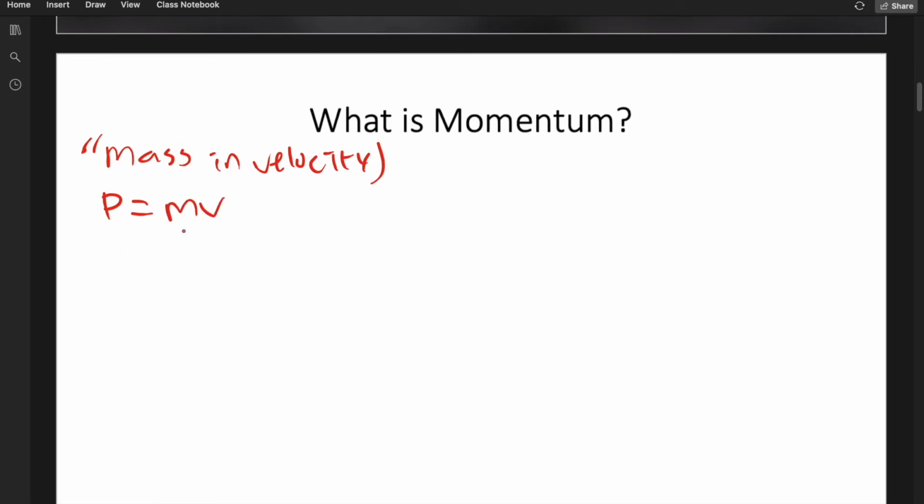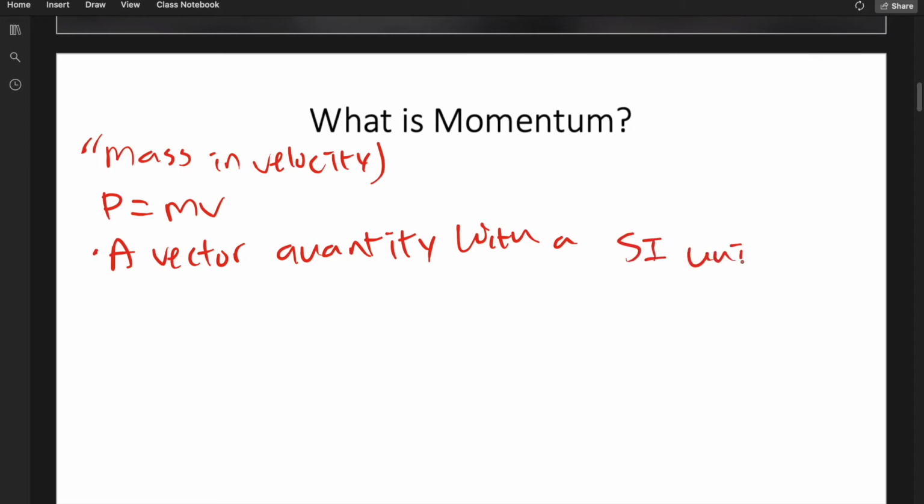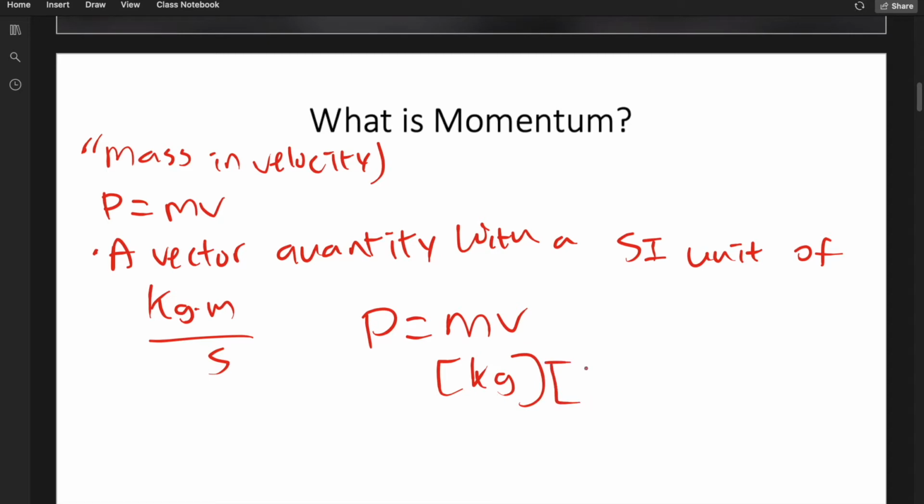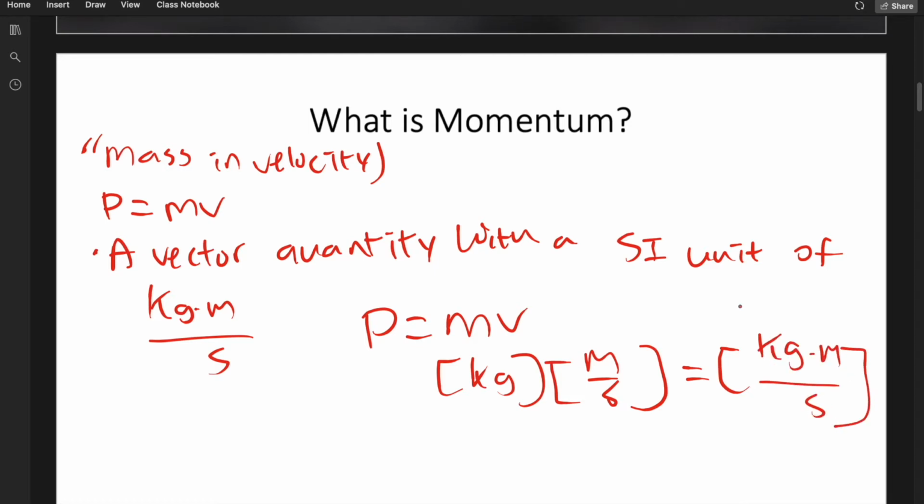So this is the formula for momentum, and momentum is a vector quantity with an SI unit of kg times meter per second, because p is equal to mv. m has a unit of kg and v has a unit of meter per second, and that's why it has a unit of kg times meter per second. So this is a basic introduction of what momentum is.